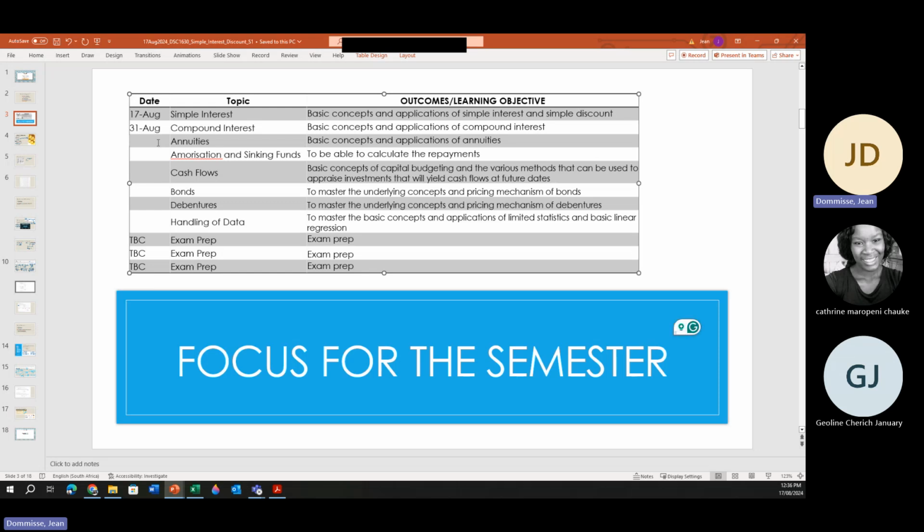We will focus on compound interest, and everything that goes with compound interest. We're going to look at compound interest monthly, quarterly, yearly. We're going to look at the differences between effective rates and nominal rates. So all of that will be part of our compound interest discussion.